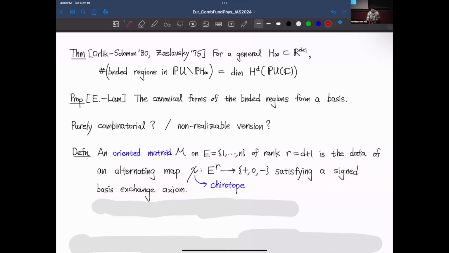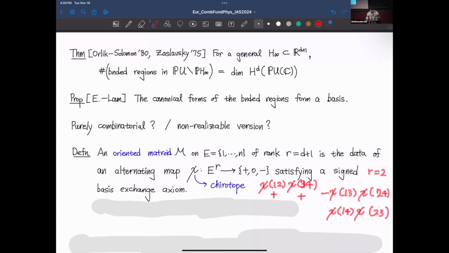Instead of writing them in full, let me just write down a quick example. For instance, when R equals 2, if I have that chi of 1, 2 and chi of 3, 4 are both pluses, let's say, then at least one of chi 1, 3 times chi 2, 4 and chi 1, 4 times chi 2, 3 should be minus.